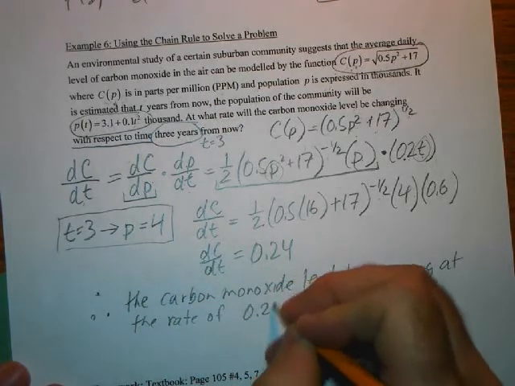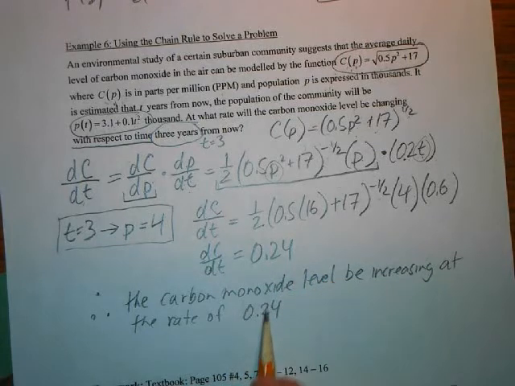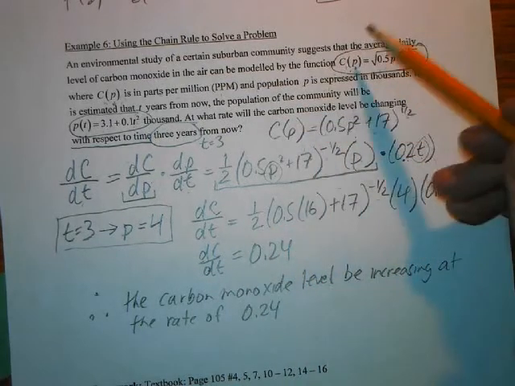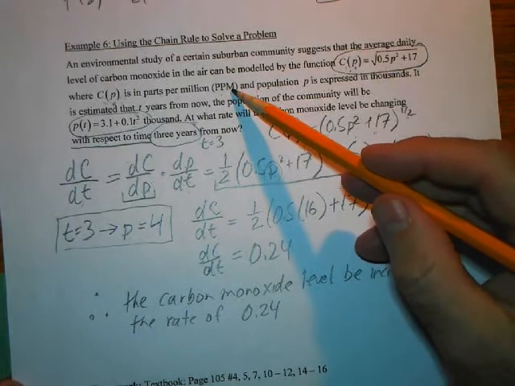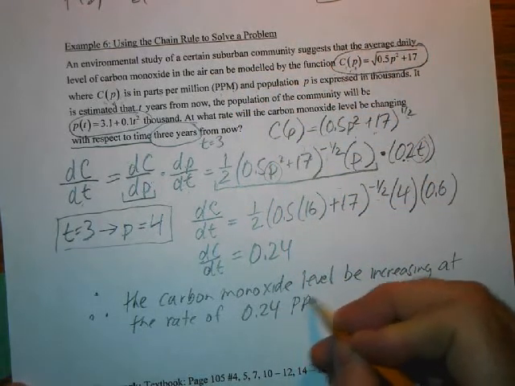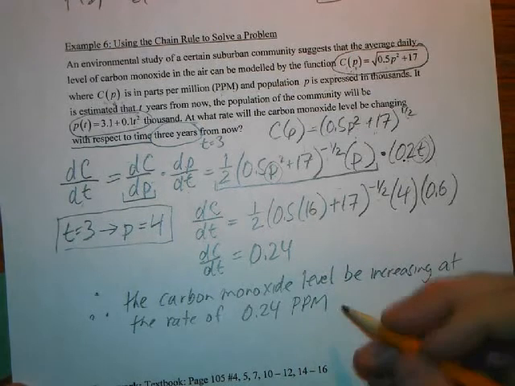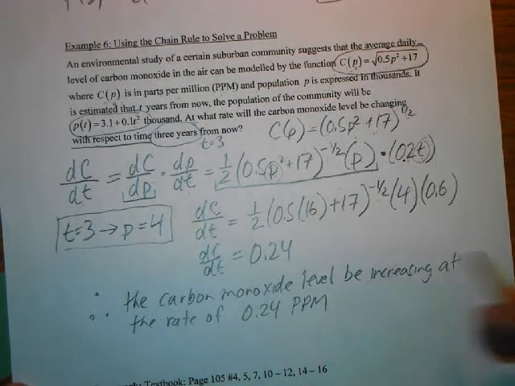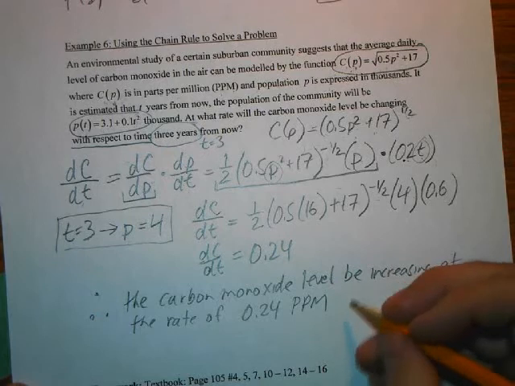Now I need the units from this. So remember the units for the carbon monoxide, that's parts per million. So ppm, we could just keep that the same. And when does this happen? 3 years from now. So in 3 years from now.